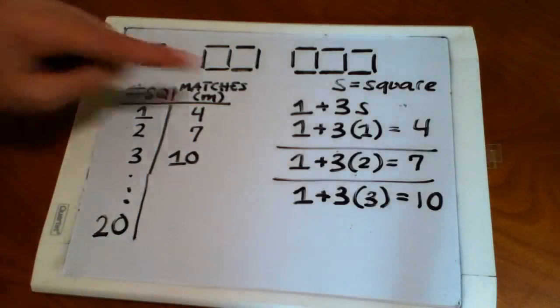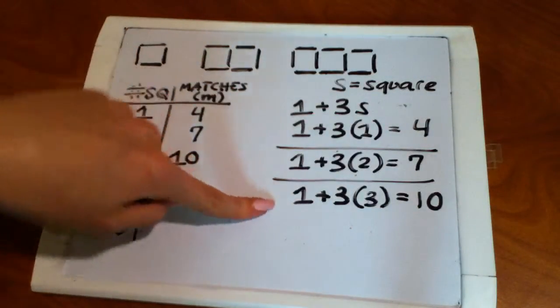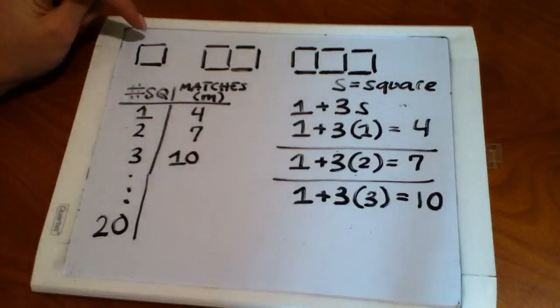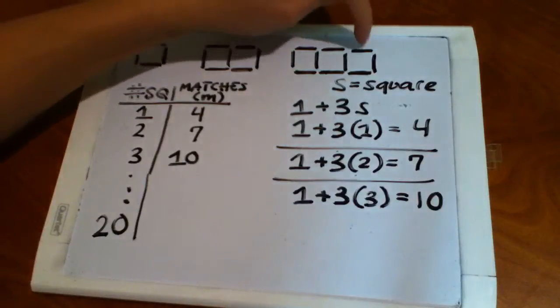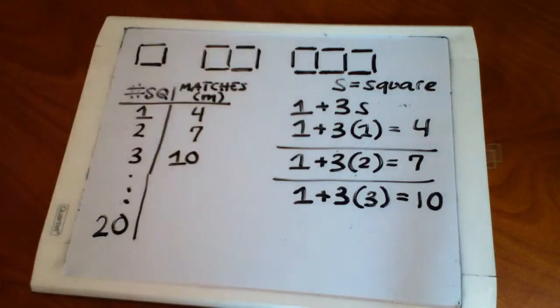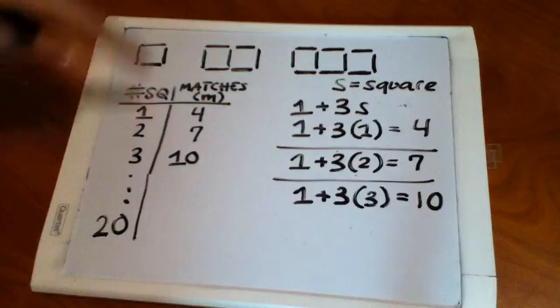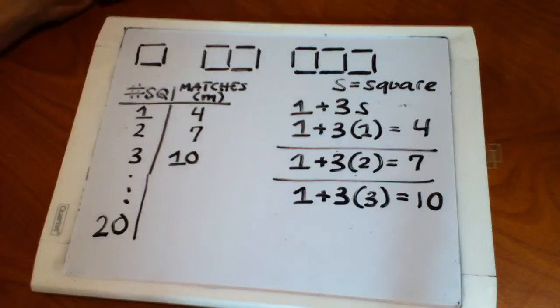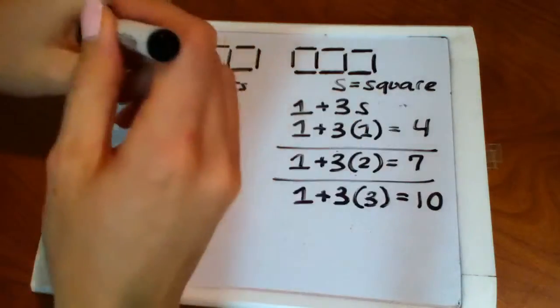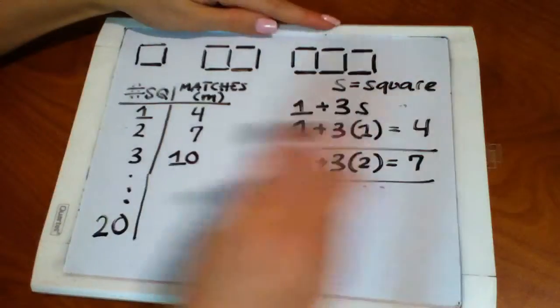So we have made an algebraic rule by looking at patterns within the squares, and then we have demonstrated that that algebraic rule works. So now we said, what if we wanted to find 20? Well, let's plug it in. Instead of drawing 20 individual squares and counting the matches, we can just plug it into our rule and get the answer.